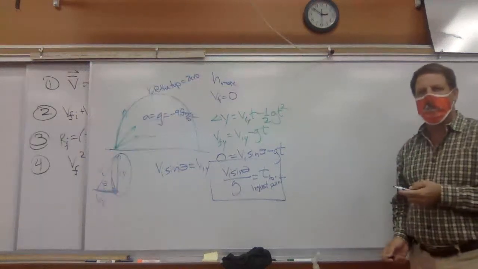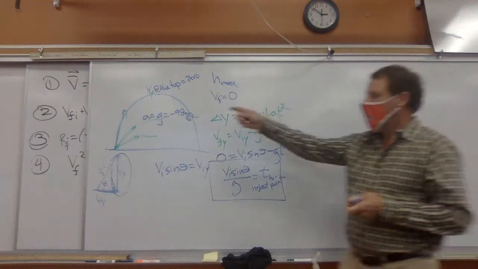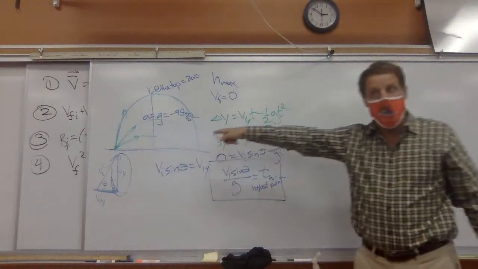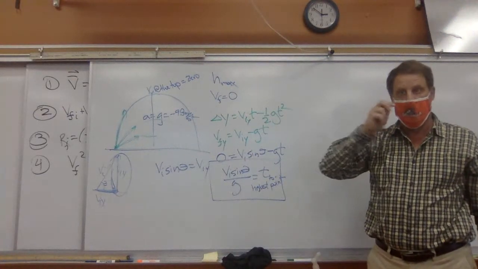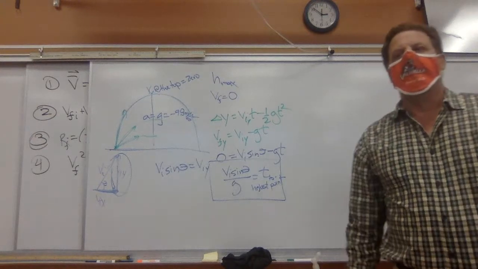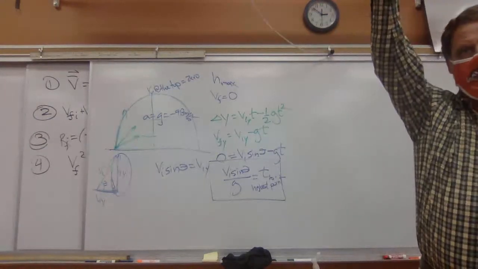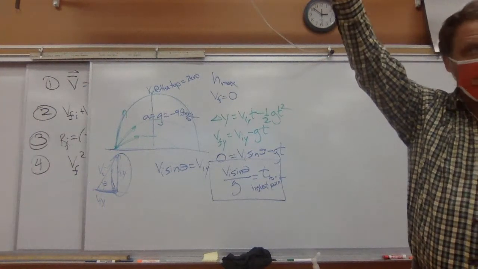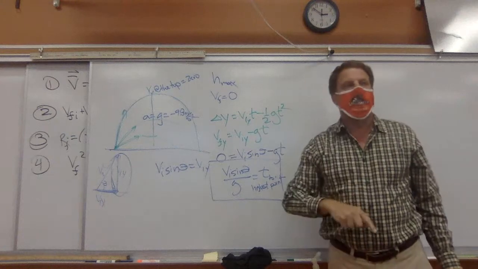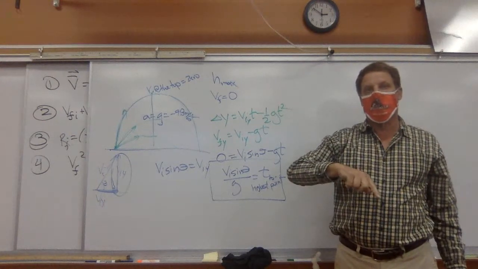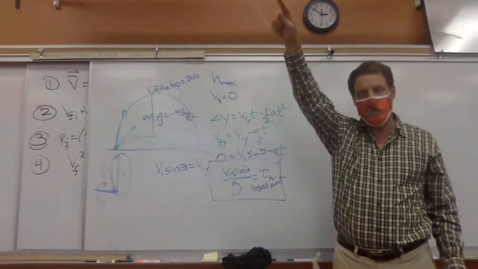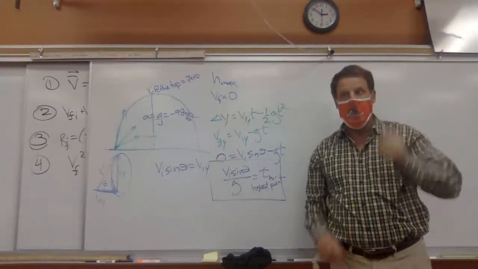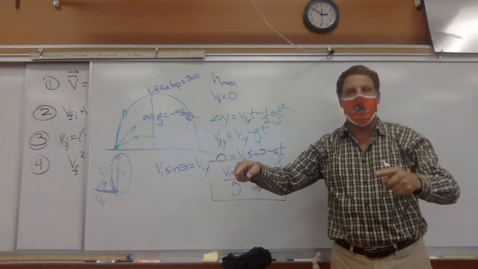Because you use the y, remember, it's going to go up and come down independently of the x direction. So if I throw something up at 4 meters per second, and I also shoot something up at 5 meters per second but at an angle of 53 degrees, then they're going to go up and come down at the same time.